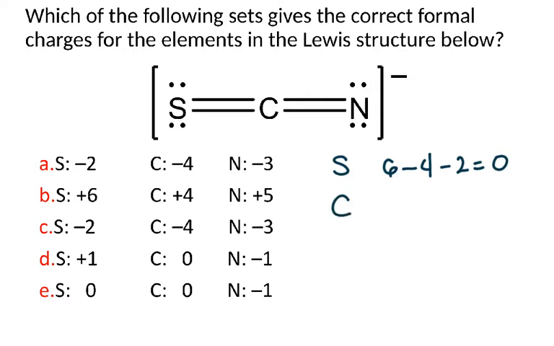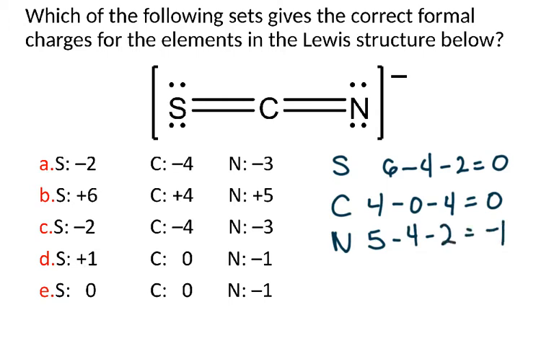My carbon came with 4, no lone pairs, forms 4 bonds, so that gets me a 0. Then my nitrogen came with 5, has 4 in lone pairs, 2 bonds, gets me a -1. So my answer is letter E.